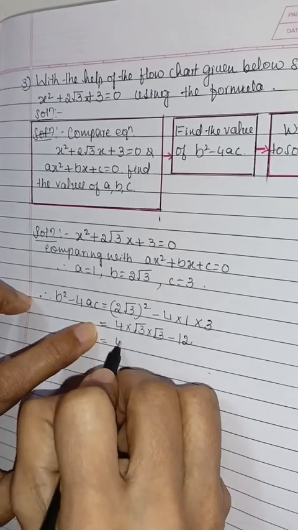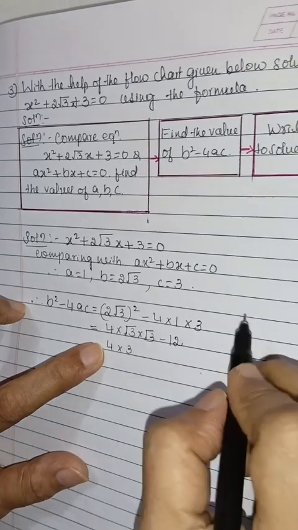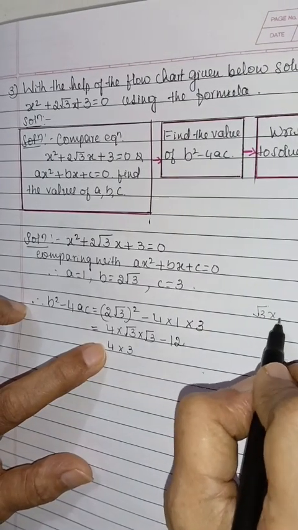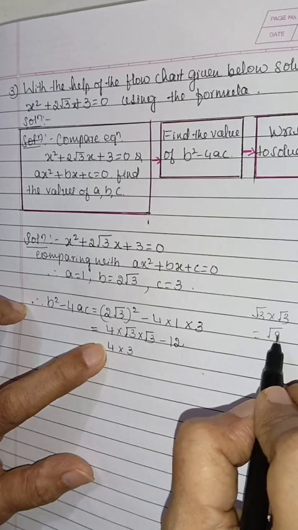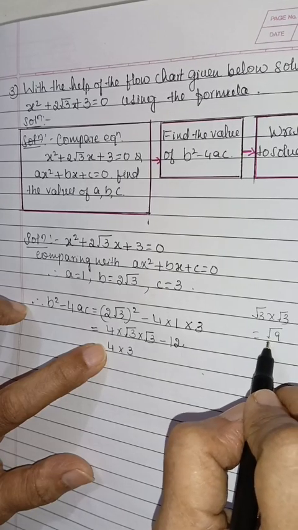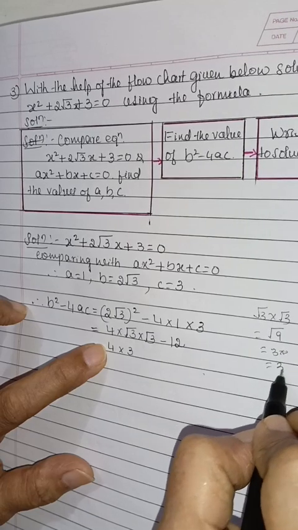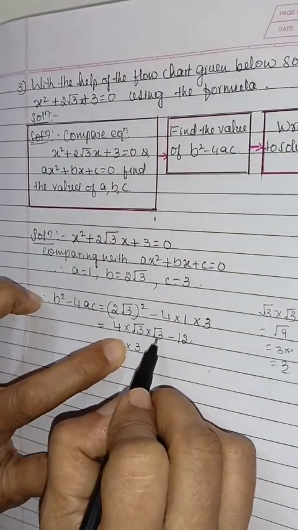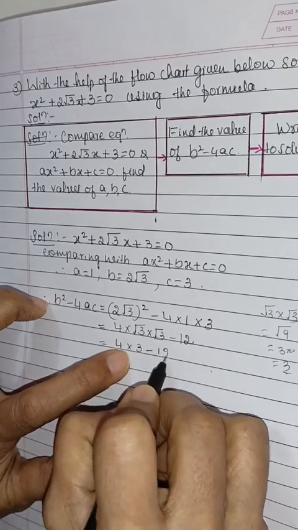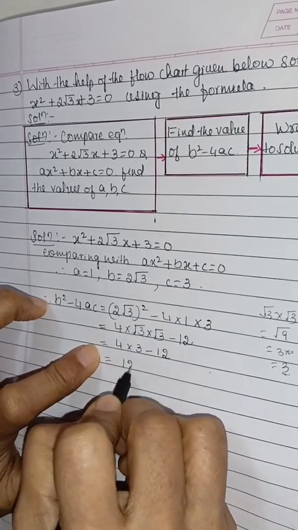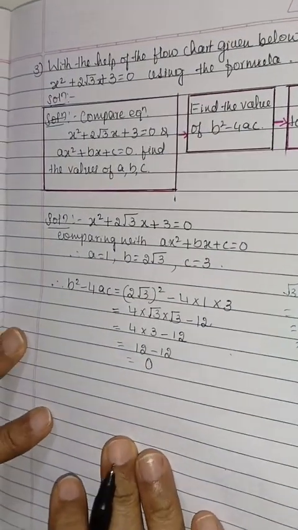Here, 4 multiplied by root 3 squared means 3. So root 3 multiplied by root 3 is 3. Once you have to write 3, no? Root 3 multiplied by root 3 is 3, that is minus 12, that is 12 minus 12 is 0. b square minus 4ac is 0.